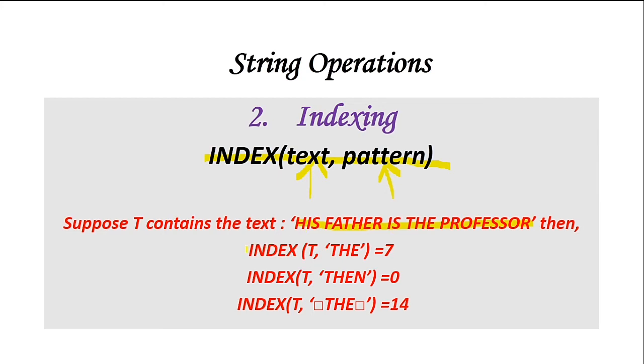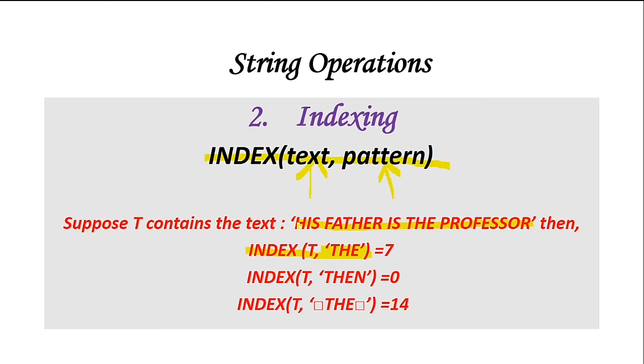For the first example, index T comma THE. I want to find the index of T. There are so many T's over here. Which T do I want to find? I want to find the one which suits the pattern.